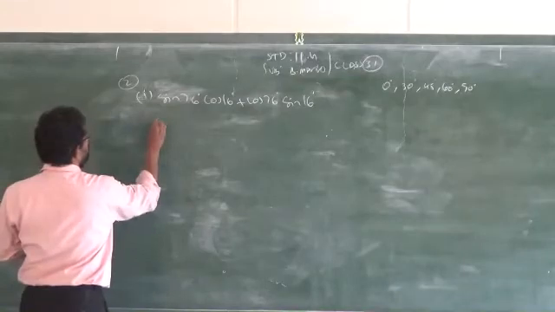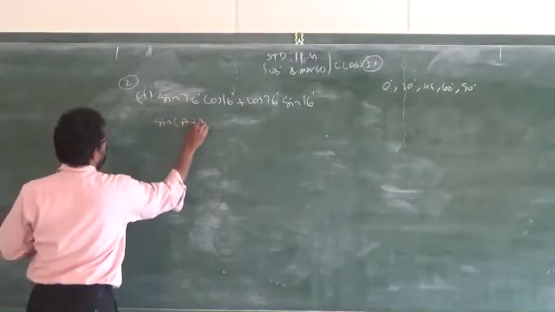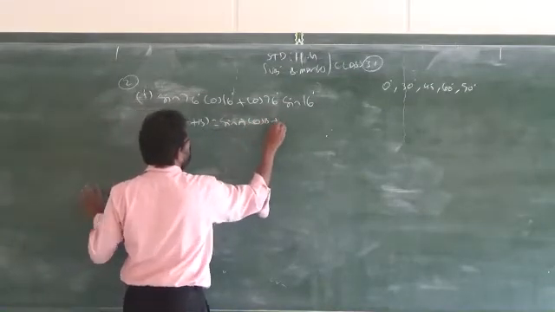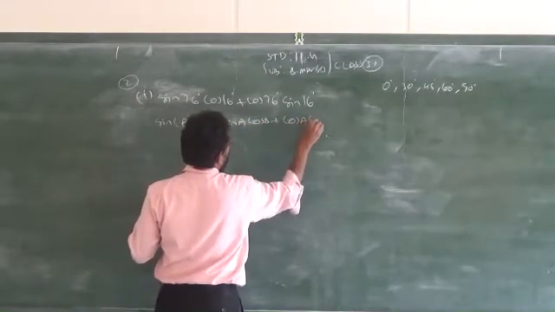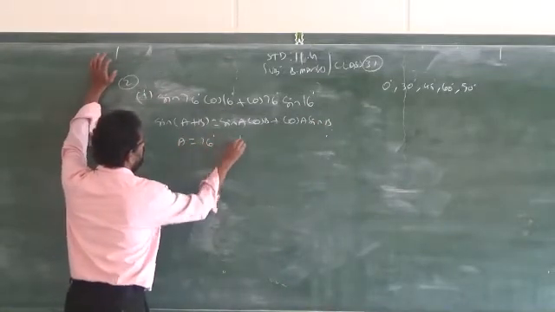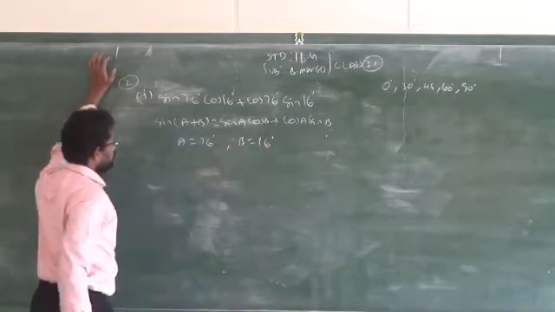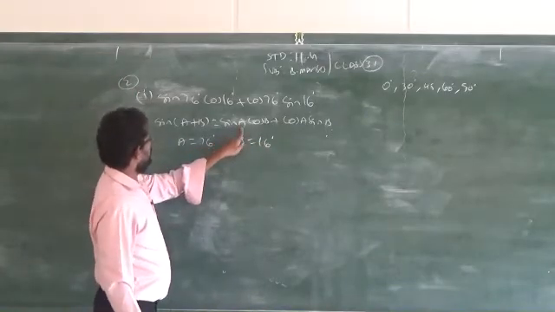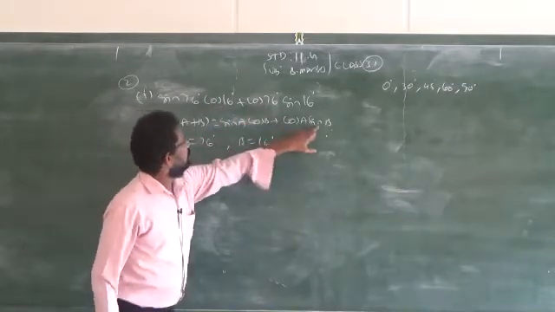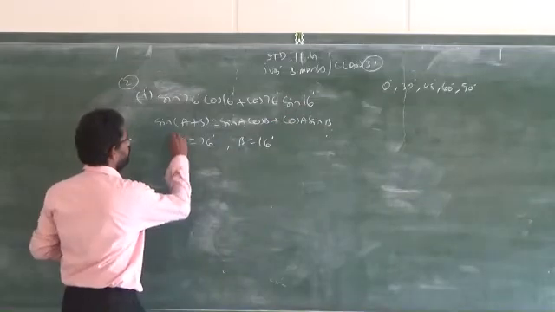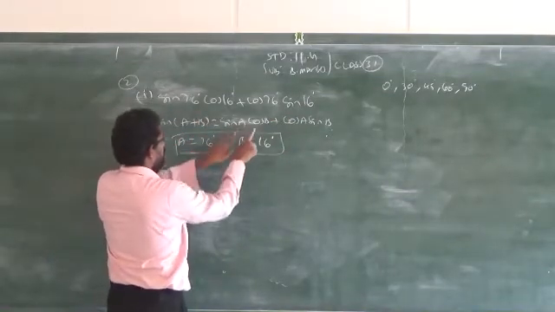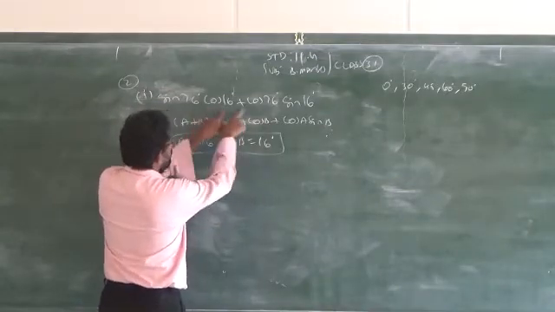The reverse process: sin A plus B is equal to sin A cos B plus cos A sin B. If we take A as 76 degree and B as 16 degree, you just have to substitute: sin 76 cos 16 is there, plus cos 76 sin 16. So, you just replace A by 76 and B by 16. So, you will get the question.